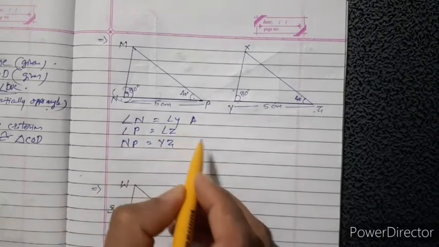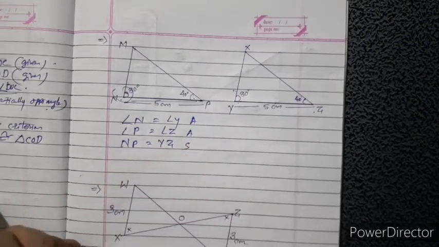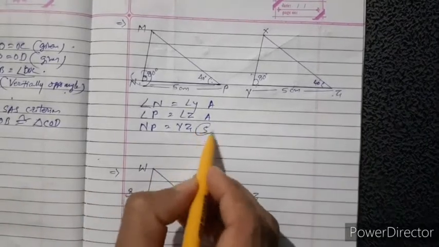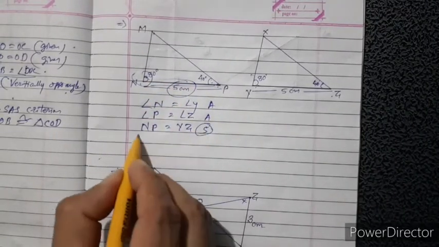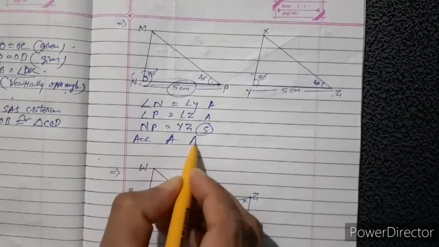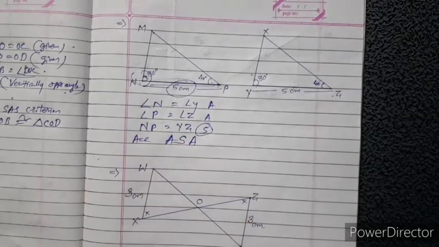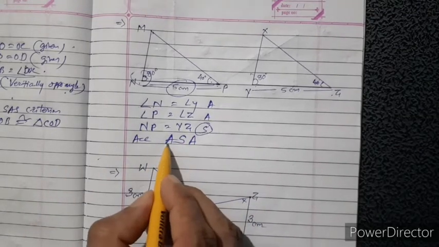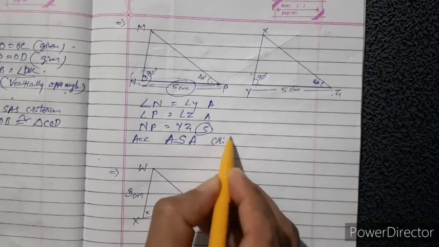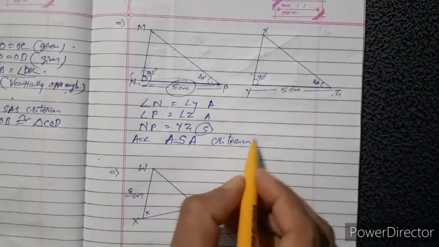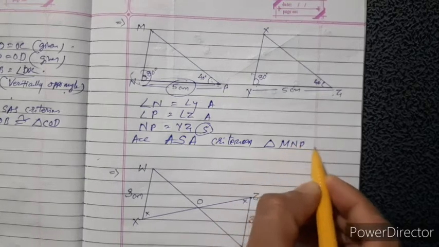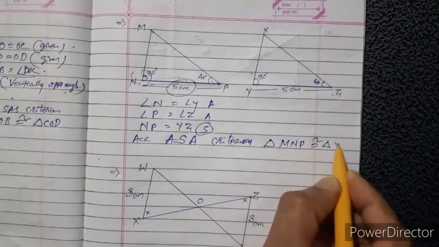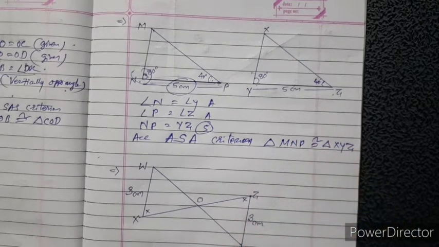So two angles are there and the side given is between these two angles, the included side. So according to the ASA criterion, triangle MNP is congruent with triangle XYZ.